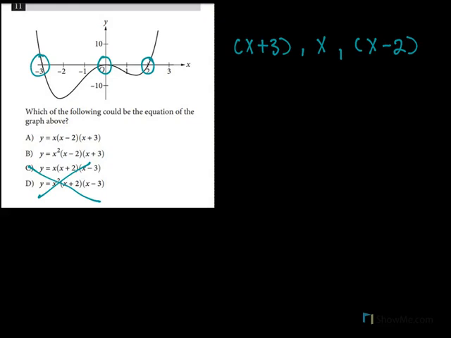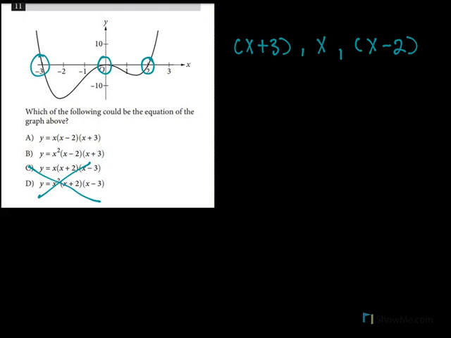However, in option A, x is raised to the first power, and in B, x is raised to the second power. But we see that the graph only touches but doesn't cross the x-axis at x equals 0. This would mean that x is raised to an even power. If it were to cross the x-axis, that means x was raised to an odd power. So A would be a third-degree polynomial, while B would be a fourth-degree polynomial.